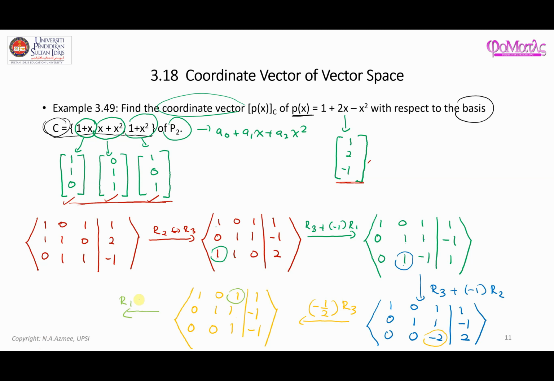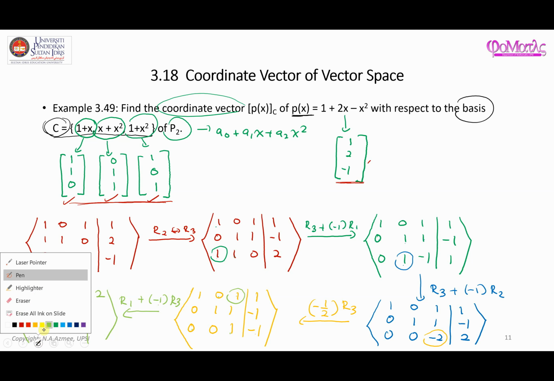So R1 plus negative 1 R3. So 1 plus 0 is 1, 0 plus 0 is 0, 1 minus 1 is 0, 1 plus 1 is 2. So I change that to 0.